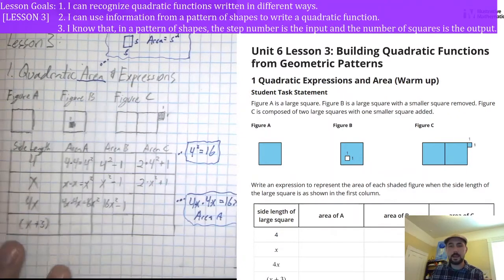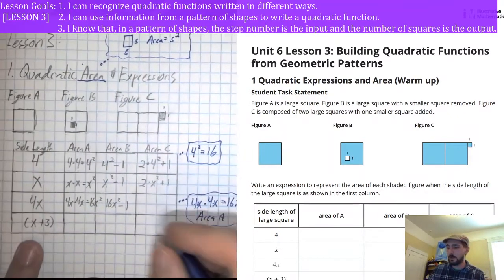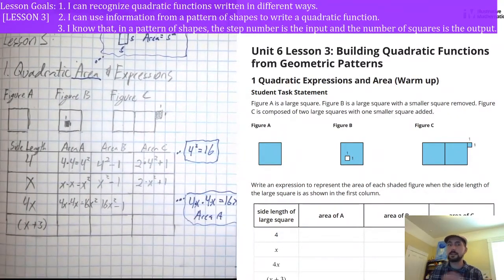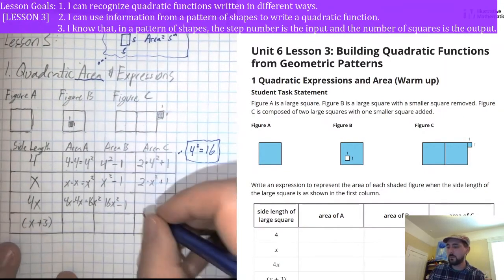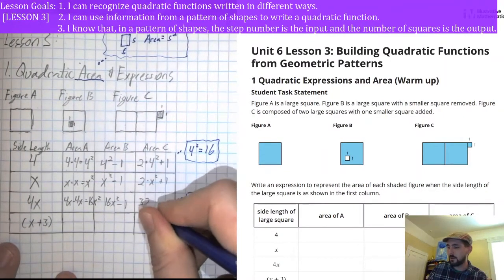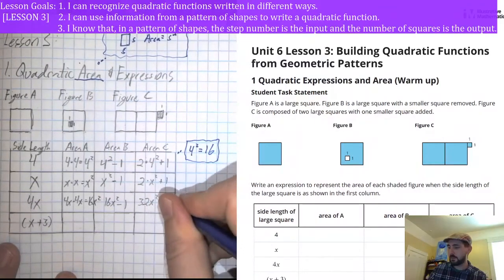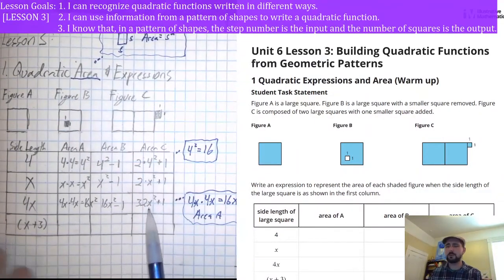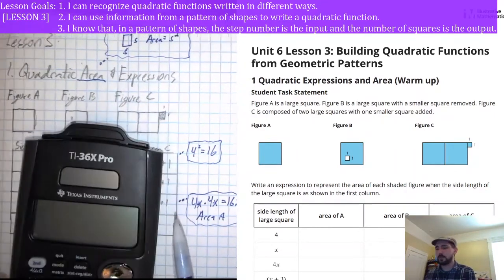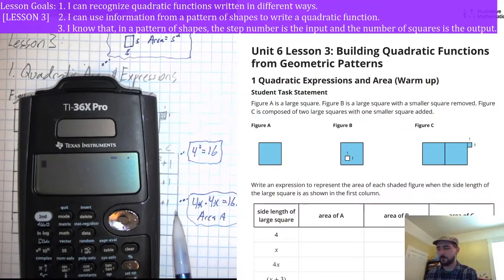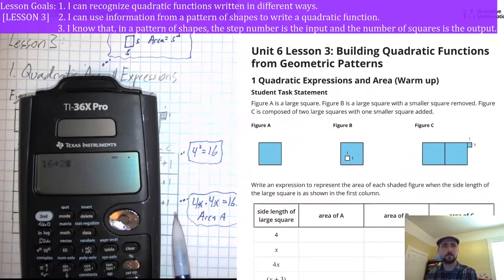So figure A is that 16x squared. So then if I have 16x squared times 2, that becomes 32x squared plus 1. You all see where that 32 comes from? If I want to get a calculator, the 32 comes from 16 times 2. 32.